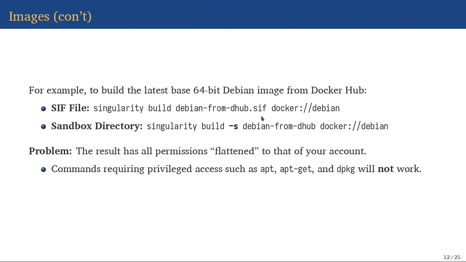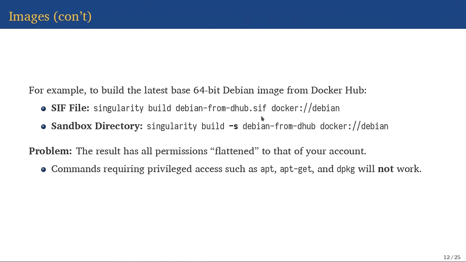So that will build the SIF file. If you want to build a Sandbox directory, which you'll see why when I do the demonstration, you'd want to do that in some cases, you need to put -s after build, and then you just specify a name after it, and that will make a directory, and everything will be put inside that directory.